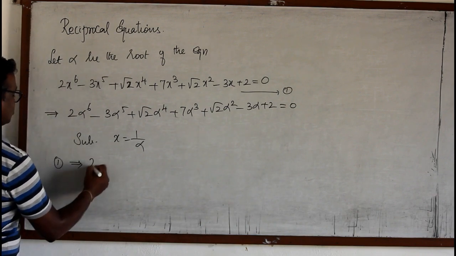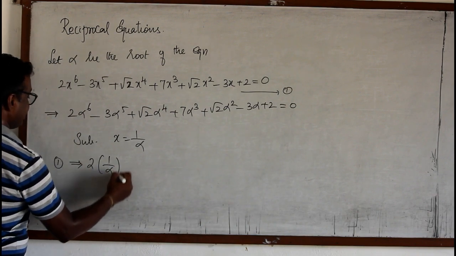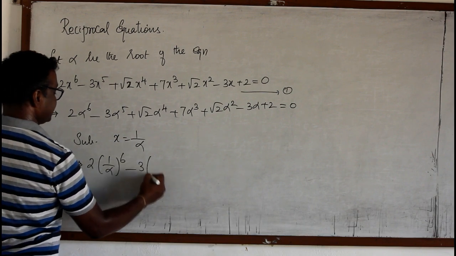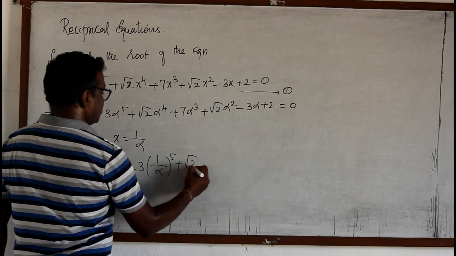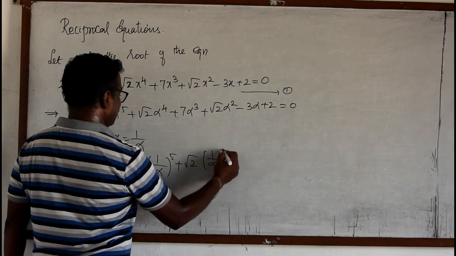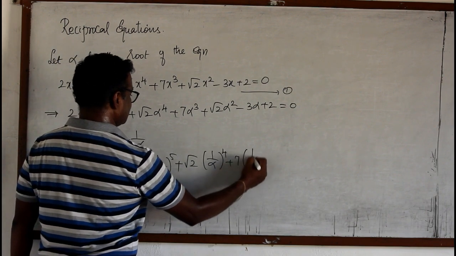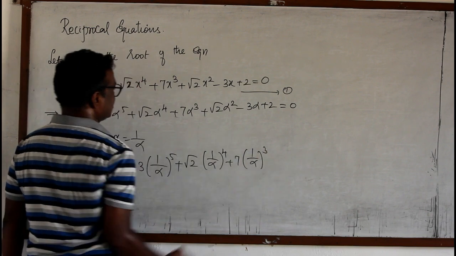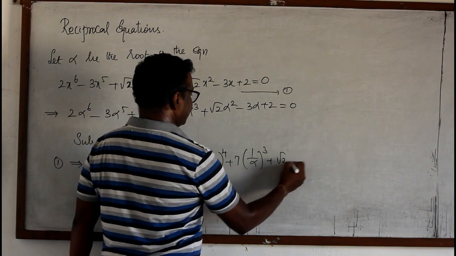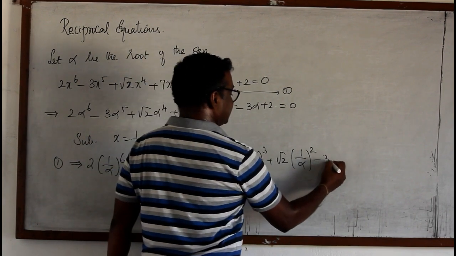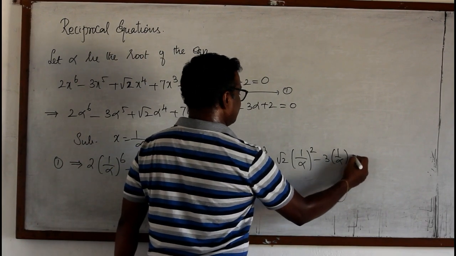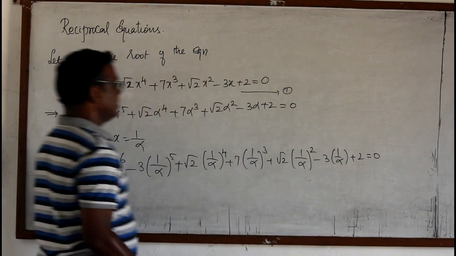Now, suppose I substitute x equal to 1 by alpha, then this equation 1 becomes 2 into 1 by alpha whole power 6 minus 3 into 1 by alpha whole power 5 plus root 2 into 1 by alpha whole power 4 plus 7 into 1 by alpha the whole cube plus root 2 into 1 by alpha the whole square minus 3 into 1 by alpha plus 2 equal to 0.